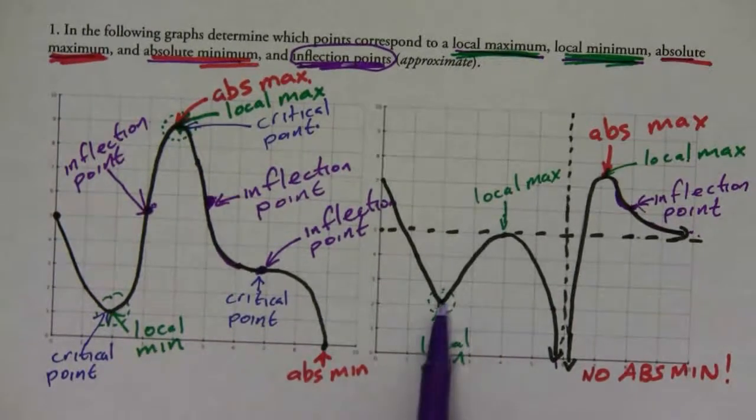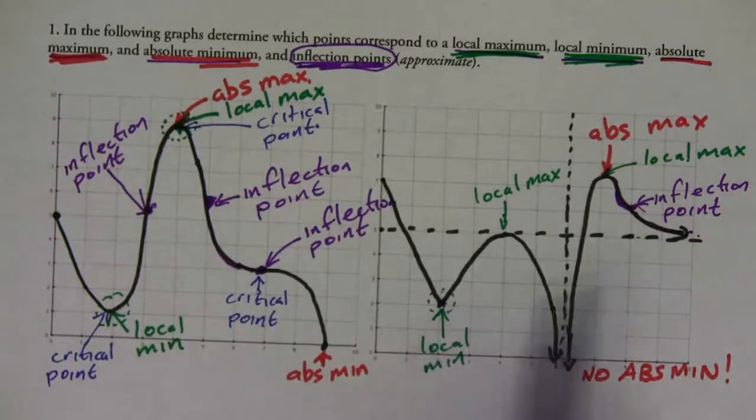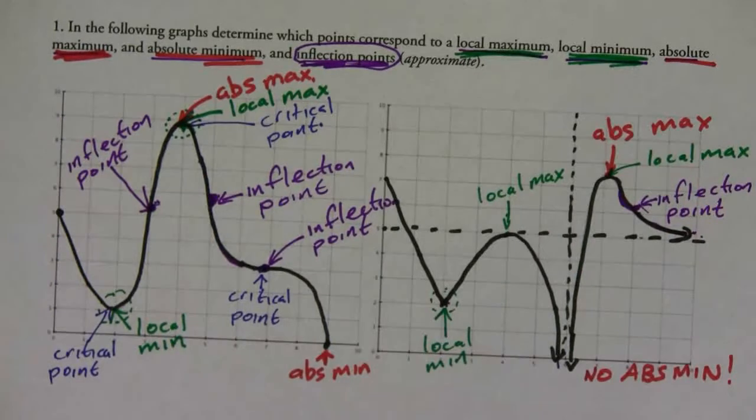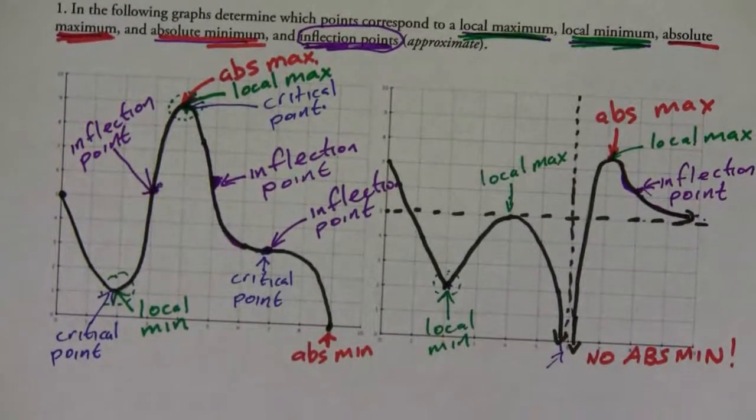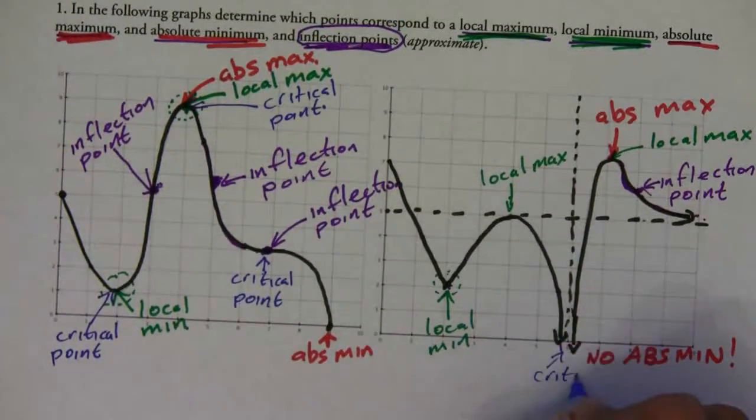And again, we said this sharp edge is a critical point. The derivative is undefined here. Also, I think it's important to label this one as well. The vertical asymptote is also a critical point.